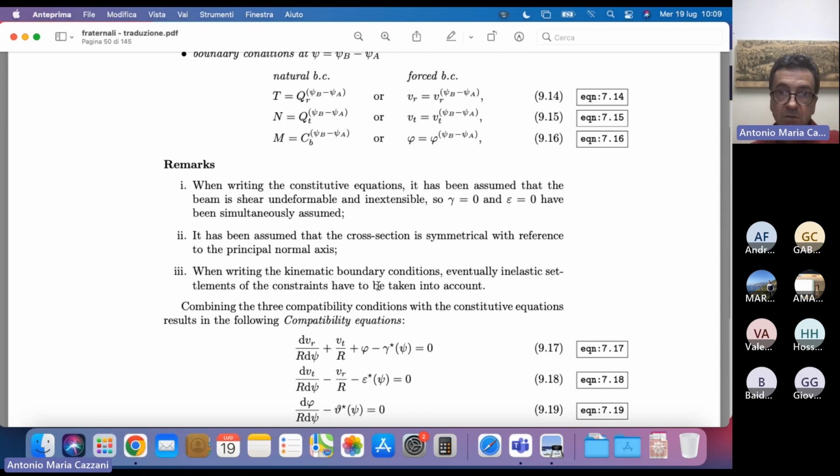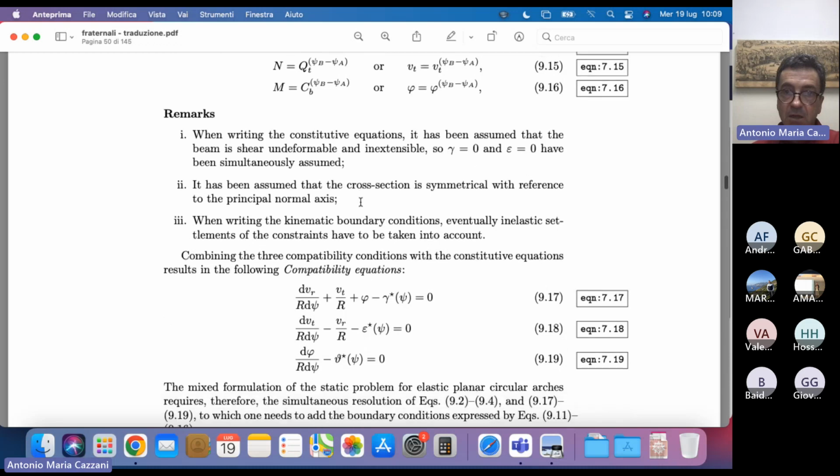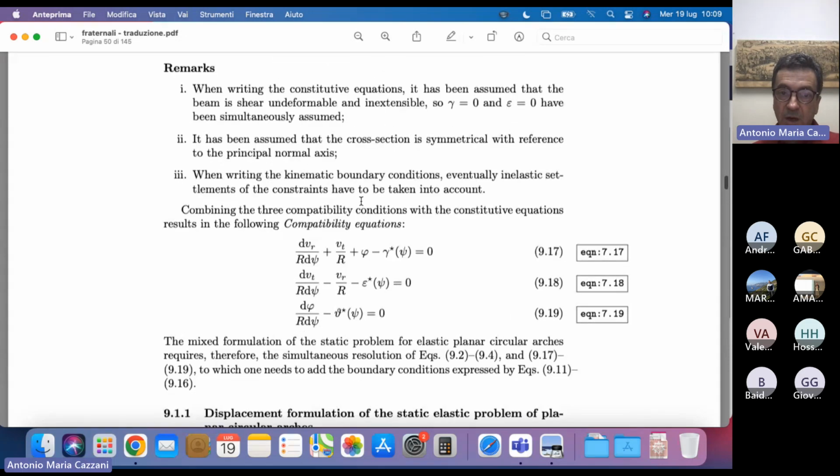So when writing the constitutive equation, as a remark, we have assumed both shear undeformability and inextensibility. The cross-section is symmetrical with reference to the principal normal axis, and when writing the kinematic boundary conditions, eventually inelastic settlements of the constraints need to be taken into account.